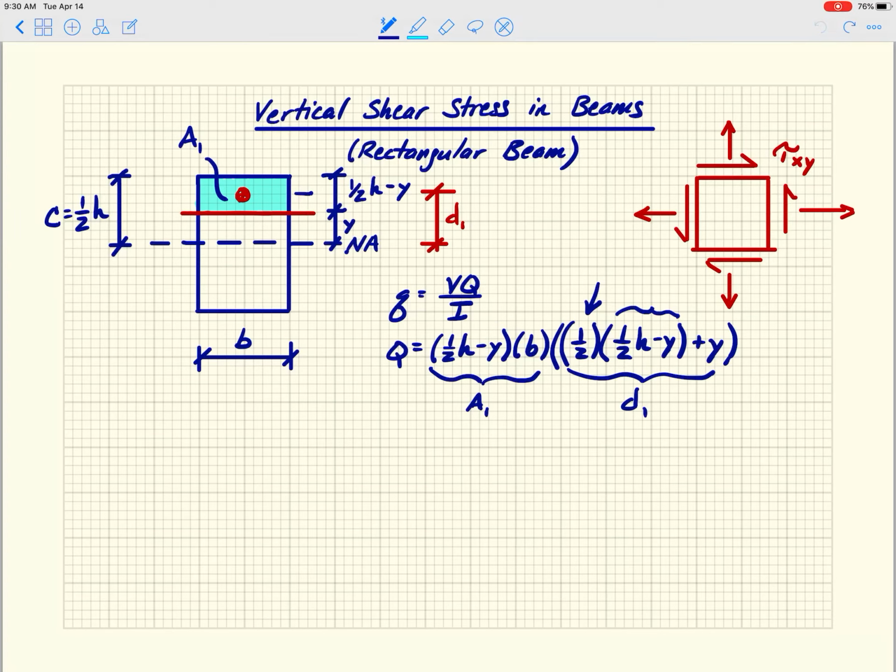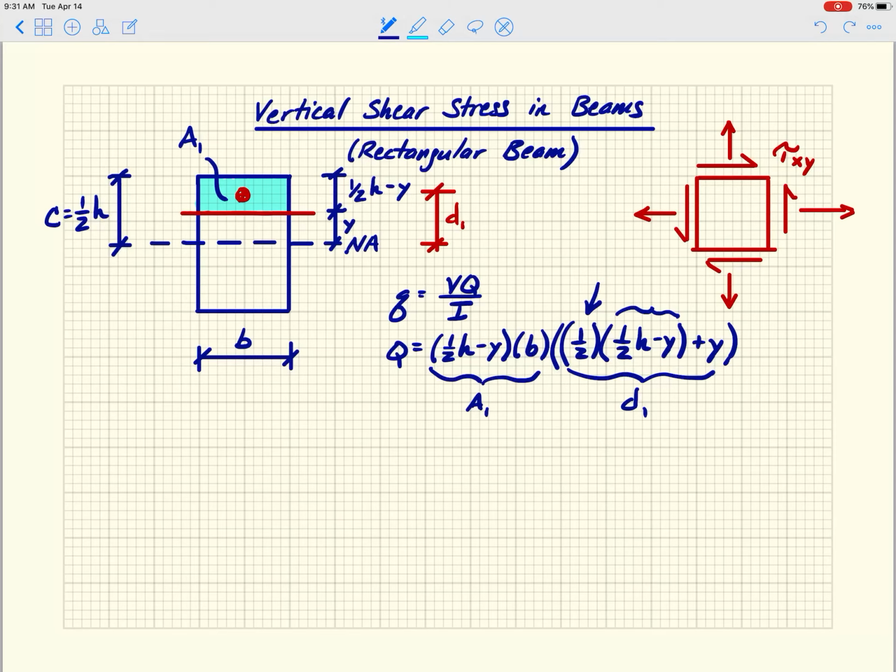And then I simply add y to that distance, and that gets me from the neutral axis all the way up to the centroid above the cut. And the cut is where we're trying to solve for the shear stress. Now, if you notice, I've parameterized this. So actually what we're going to get here is the shear stress as a function of y.